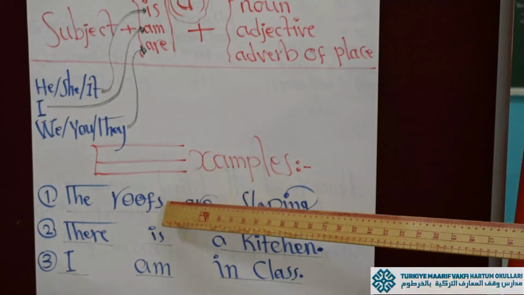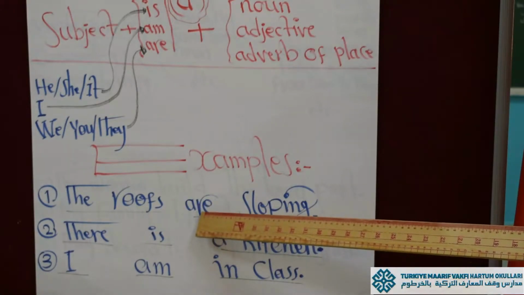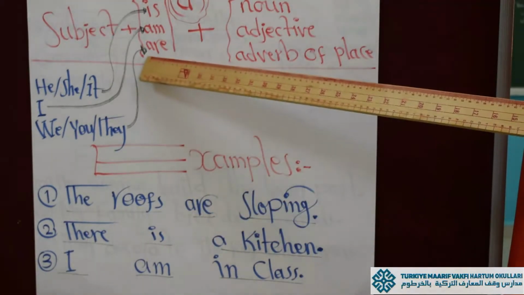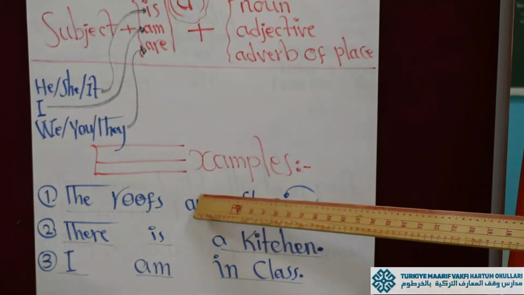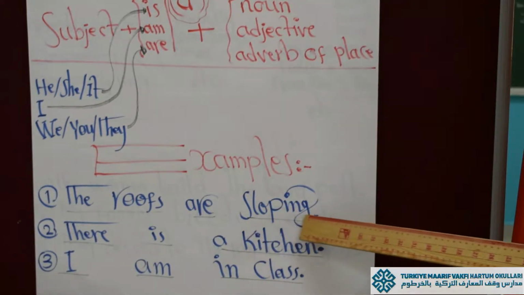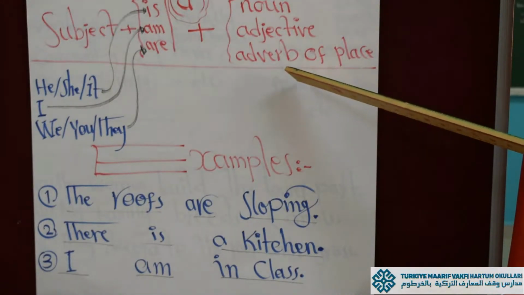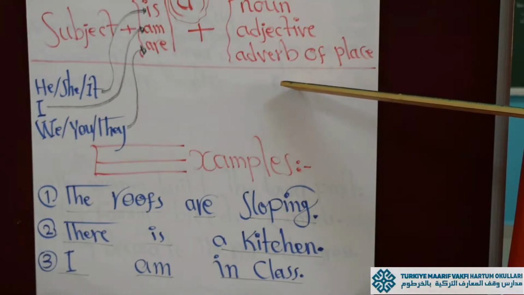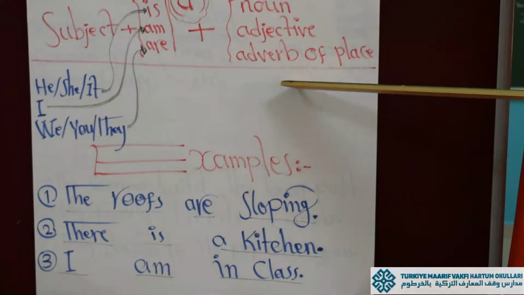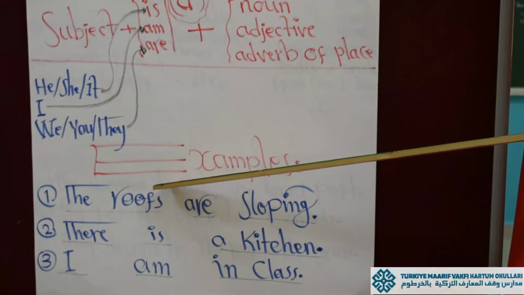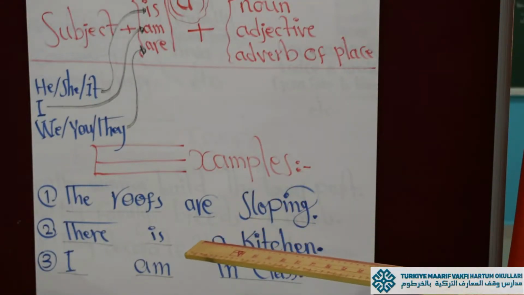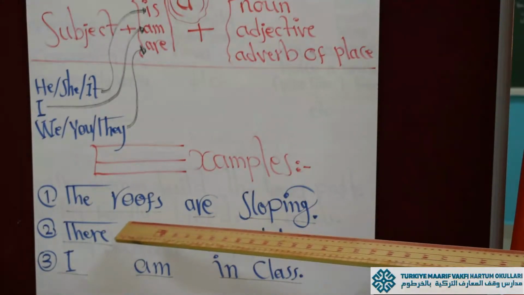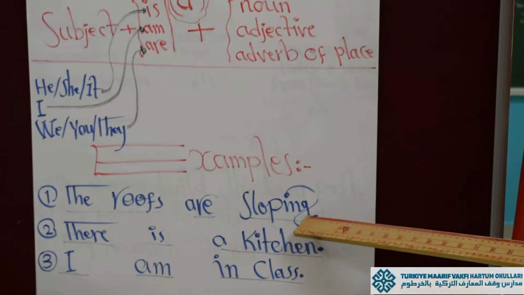That's it, because we have more than one roof. It's a plural. The roofs are sloping. Sloping means it is not just horizontal, it's going this way in order to help the rain run away. So the roofs are sloping, full stop.